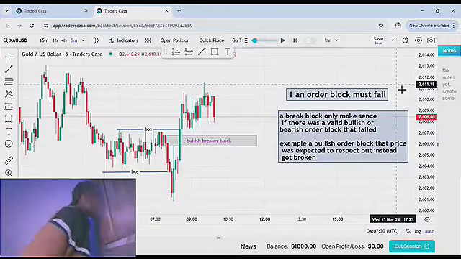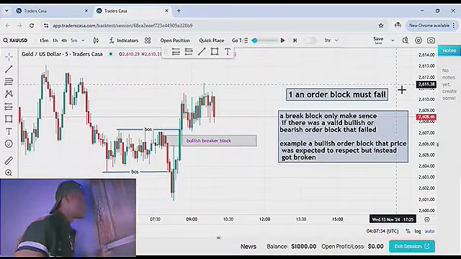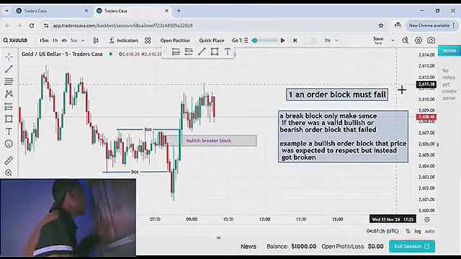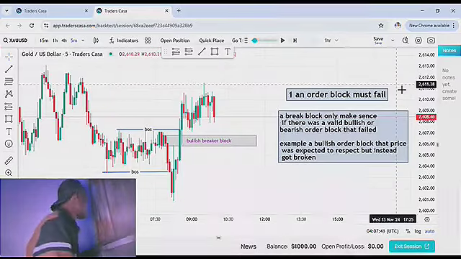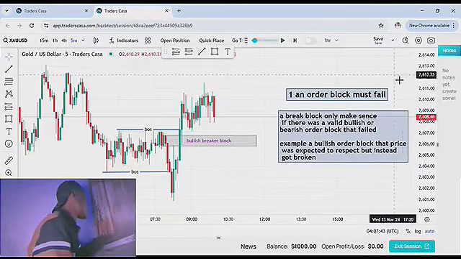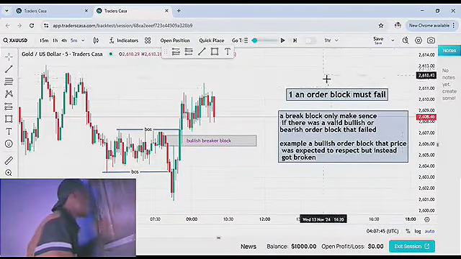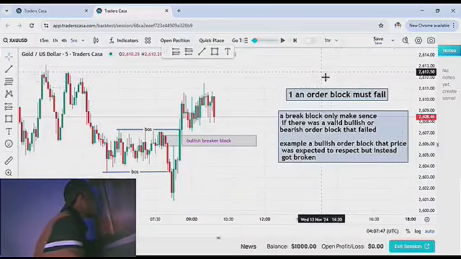So the first here is, an order block must fail. An order block must fail before it becomes a breaker block. Take note, you have to take note of that. An order block must fail before it can be called a breaker block.